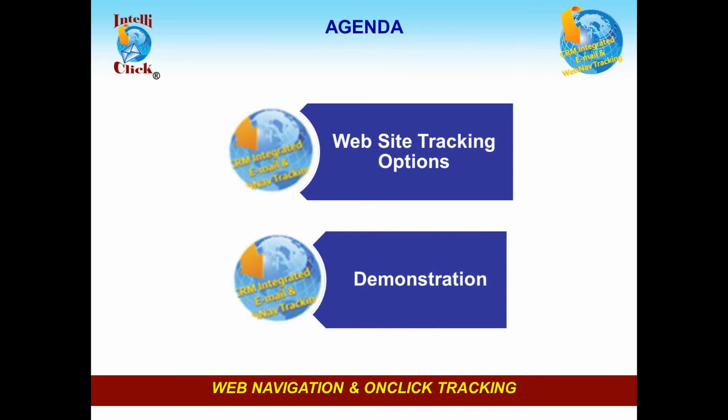We'll then also have a little demonstration looking in ACT and seeing exactly what kind of behavior is tracked and how it's tracked inside of ACT and what you're able to then do because of the information that's placed there.